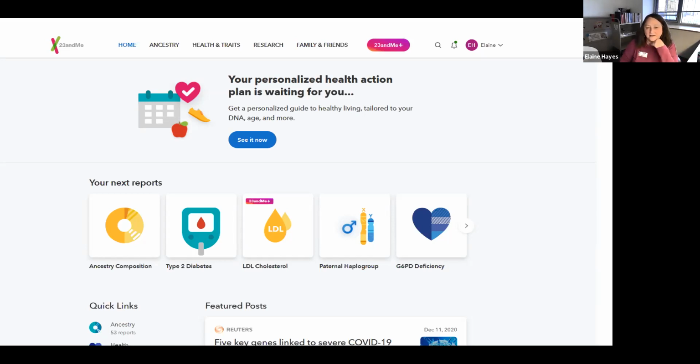But I can look at any of those things and check out all sorts of health action plans and things like that that I haven't done yet. I can know about the 5 key genes linked to severe COVID-19 or whatever if I want to, by applying my own DNA.